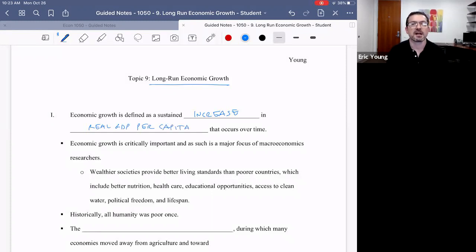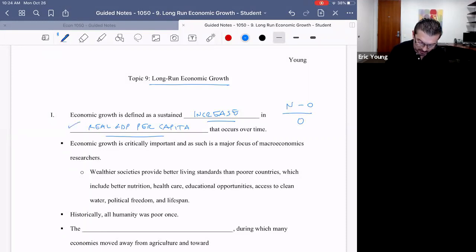So the primary definition of economic growth or long-run economic growth is a sustained increase in real GDP per capita that occurs over time. Because we're talking about rates, we can still use our new minus old divided by old equation to figure out economic growth rates, okay?